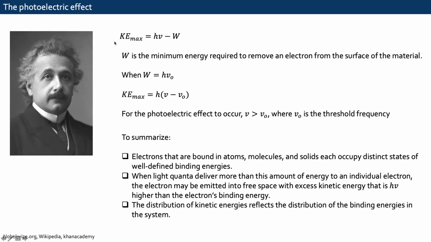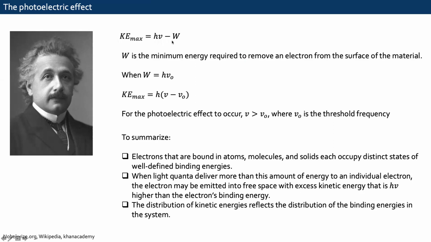To summarize this photoelectric effect, the kinetic energy is equal to hν minus W, where once again, h is Planck's constant, ν is the light frequency, and W is the minimum energy required to remove an electron from the surface of the material.